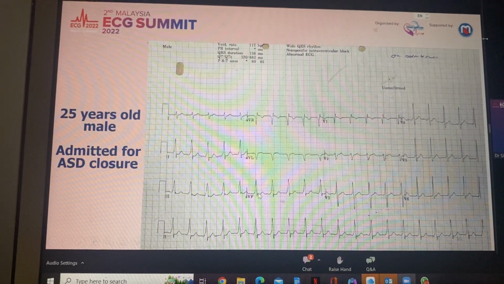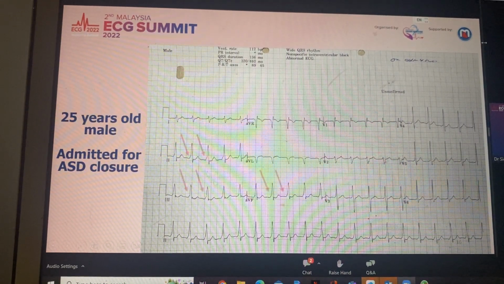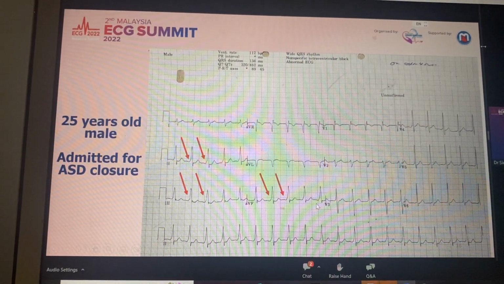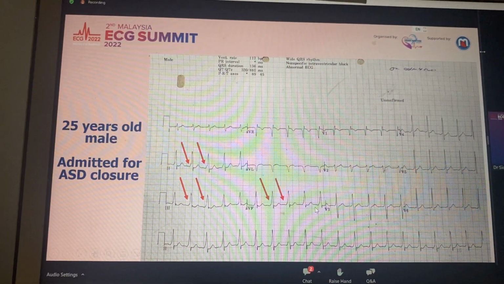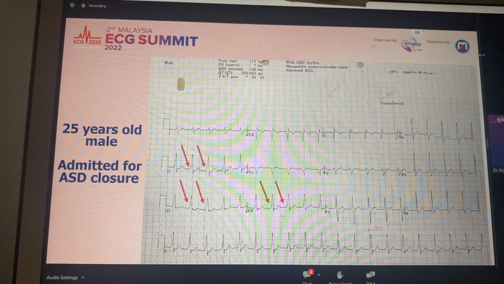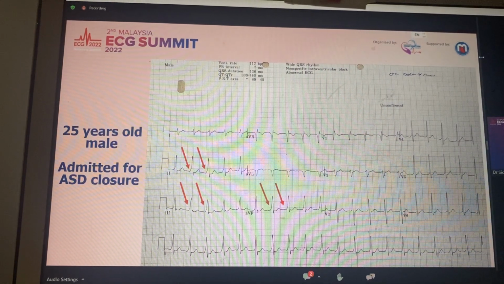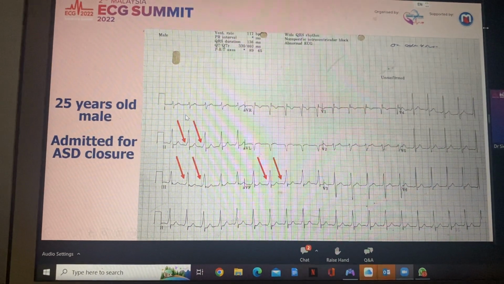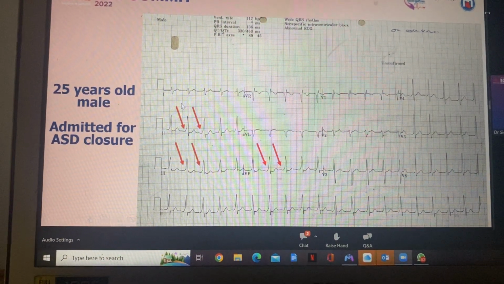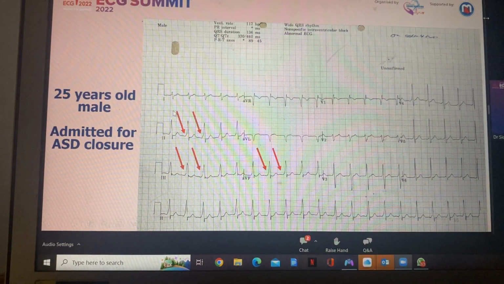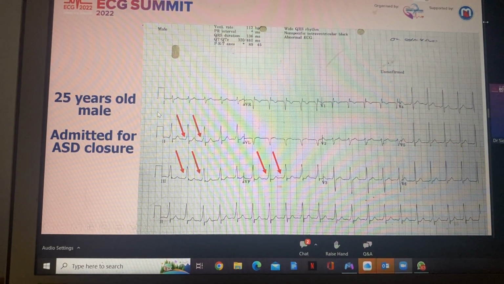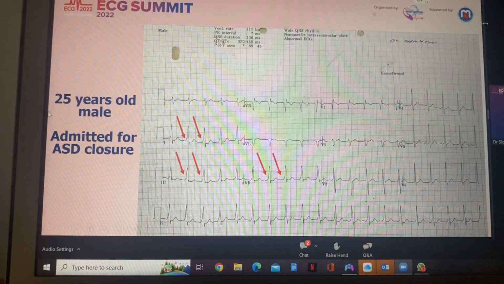So the nurse managed to capture this, and can you see this? There's a delta wave. This kind of ECG has never happened before, and the patient never complained of palpitation. So lucky that we caught this ECG, so that we ablate first before we close the ASD. If not, it will be very tough to go through the fossa ovalis to puncture to the other side.